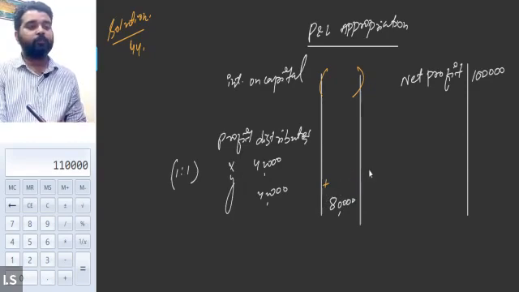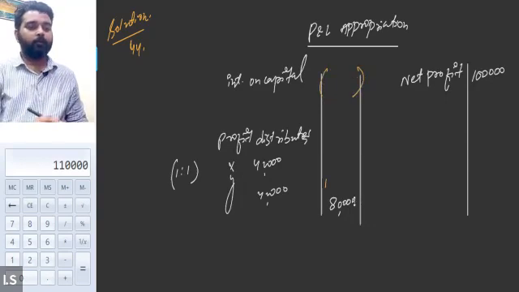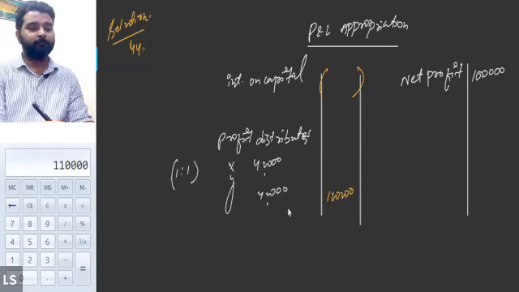Instead of 80,000, when you calculate the divisible profit now, it will be 1 lakh. Why are we getting 1 lakh of divisible profit? Because we forgot to subtract the interest on capital. Am I right?